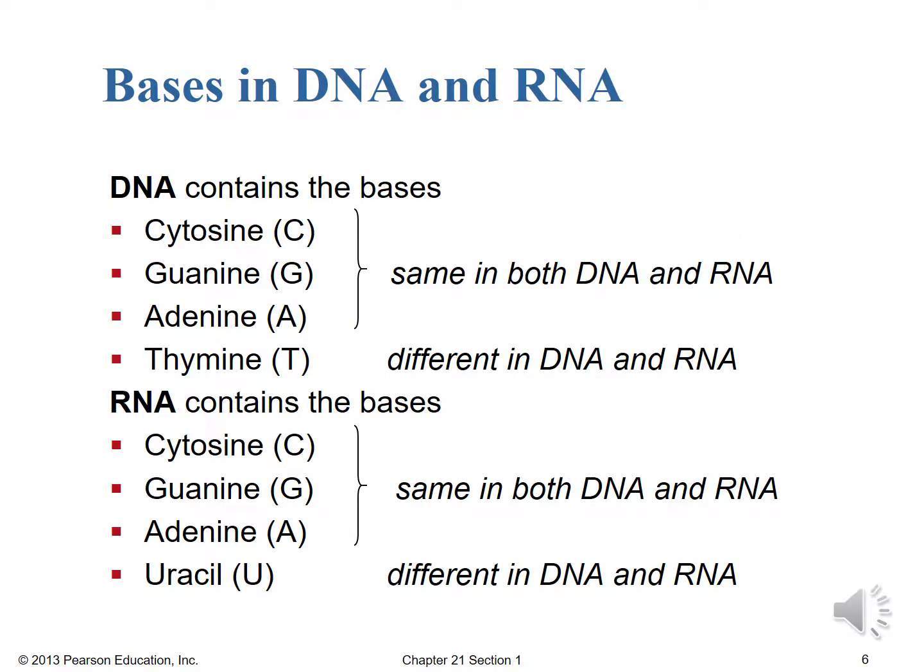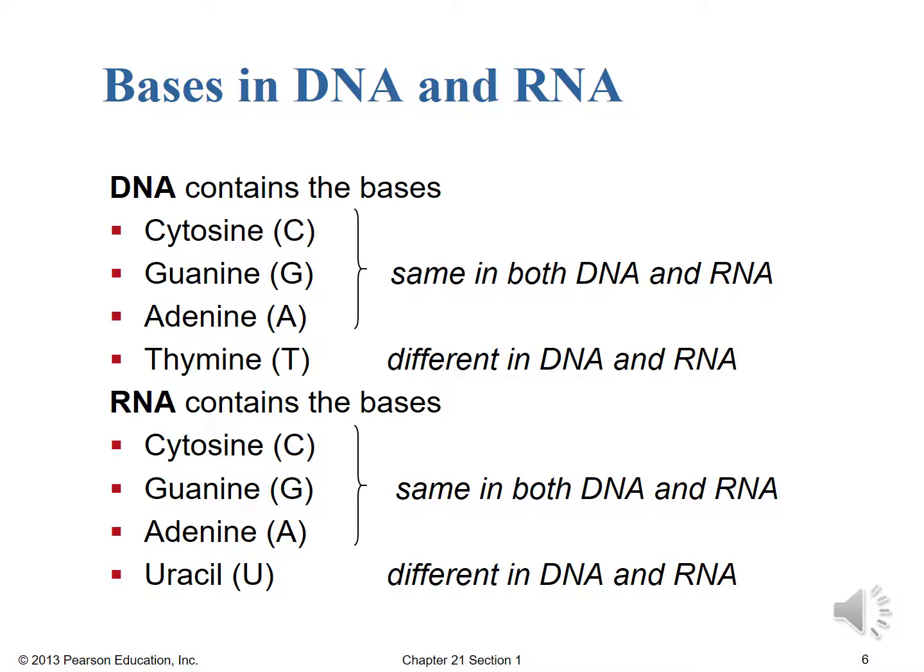Just in case you didn't get it, the DNA bases are cytosine, capital C, guanine, capital G, adenine, capital A, and thymine, denoted by a capital T. So C, G, and A are present in both DNA and RNA. Thymine, capital T, is only in DNA, and in RNA, as we'll see below, it's replaced with uracil.